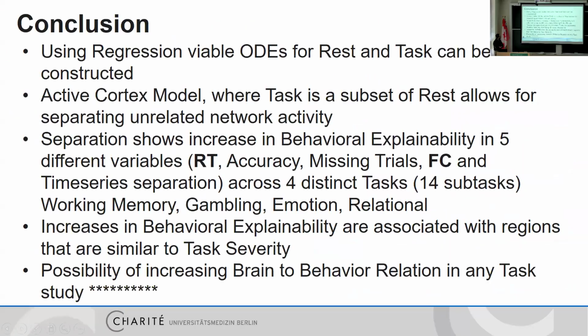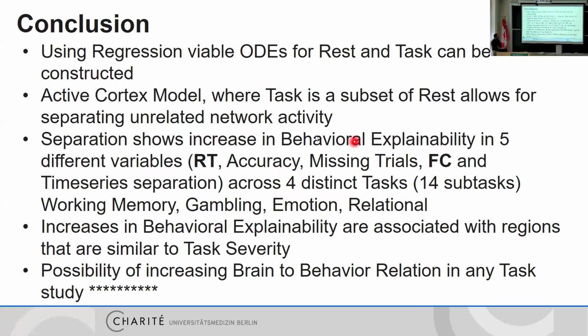In conclusion, we constructed, using regression, viable ODEs for rest and task. And we showed that this active cortex model, where the cortex is always active, but then during a certain task, certain parts of it are elevated, allows for separating this unrelated network activity from the task activity.